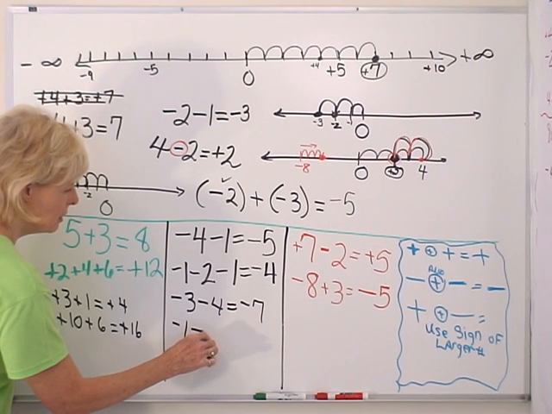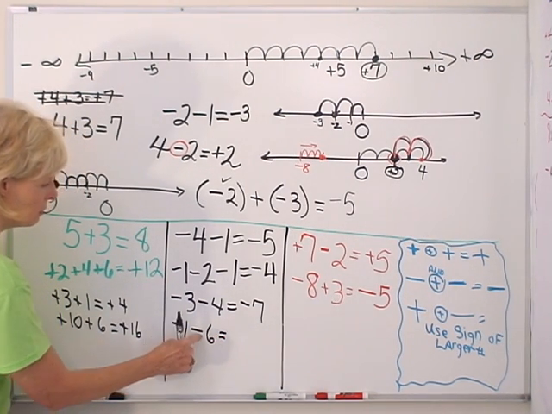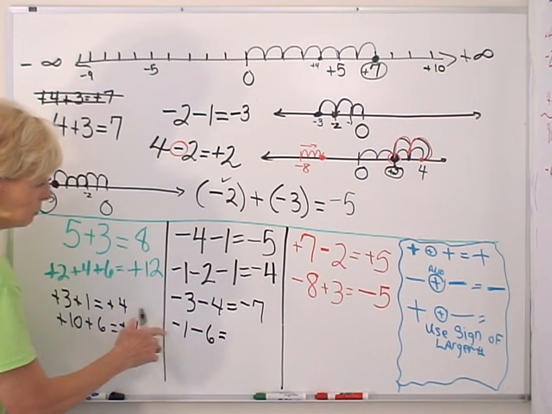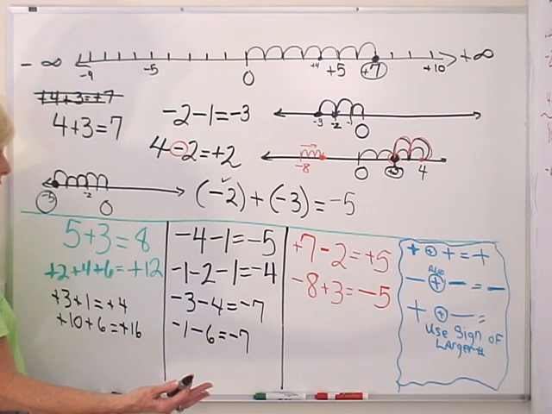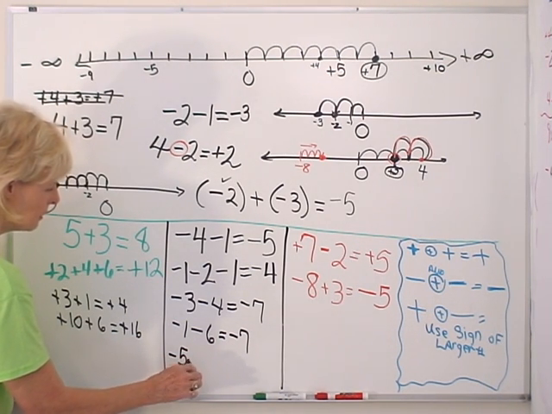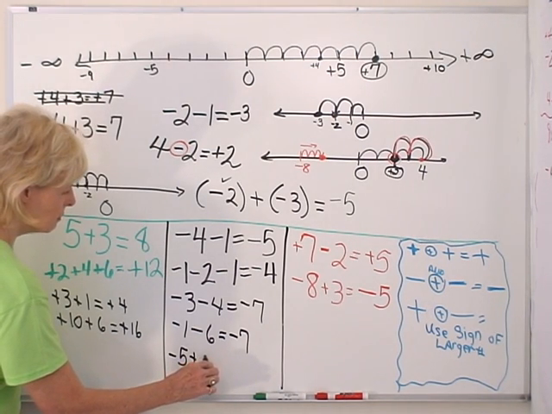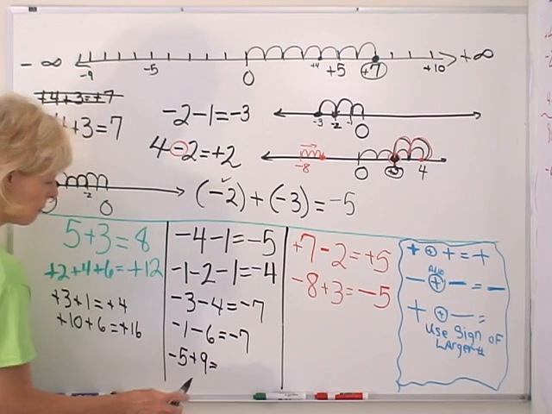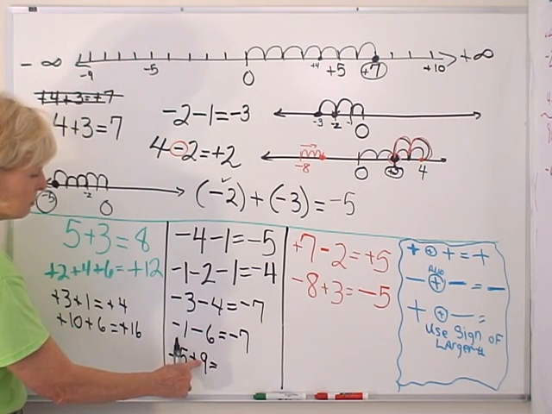-1, -6. And count down there. You're down at -1. You got to go 6 more. And put you down at negative for sure. -7 again. All right, what if you've got -5, +9? Well, you're negative, and then you turn around and go positive. The biggest number is 9.